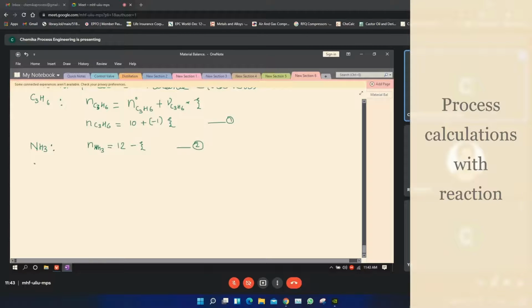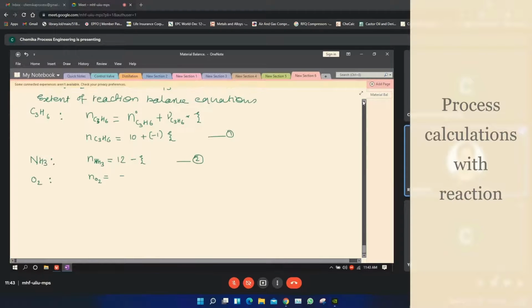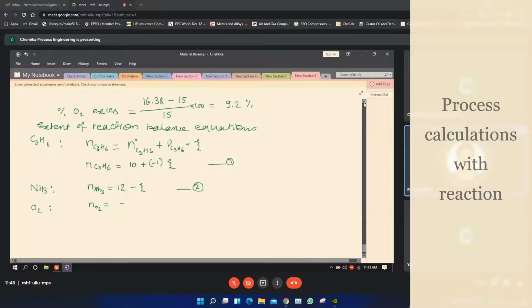Similarly, for oxygen, we can write exit molar flow rate of the oxygen is equal to inlet. How much is the inlet? It was 16.38, wasn't it? 78 into 0.21.